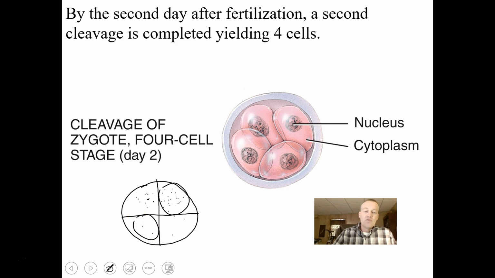And these will be signals that will help the cells to know where they belong, in what position, and what they're going to form in the future. So as cells become smaller and smaller, they get less of these cytoplasmic determinants, and that again helps us understand orientation and what the cells need to become.